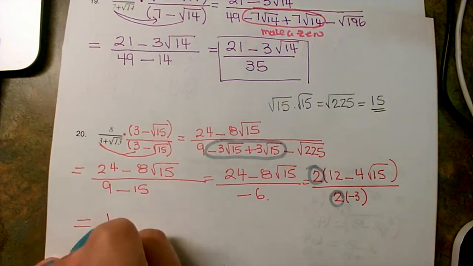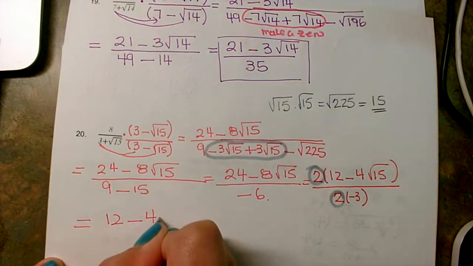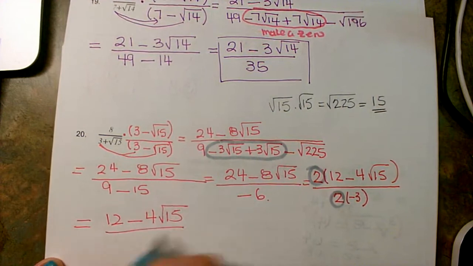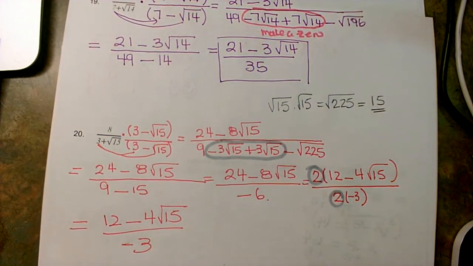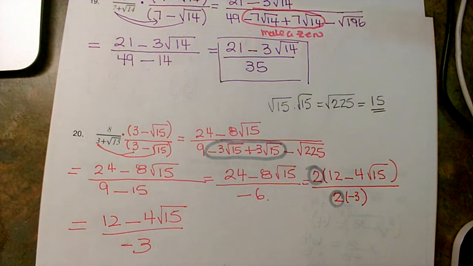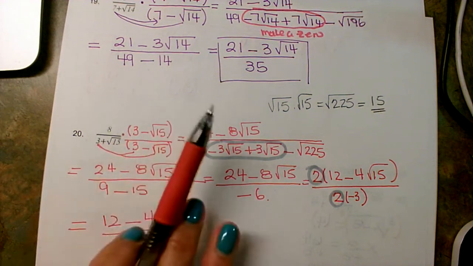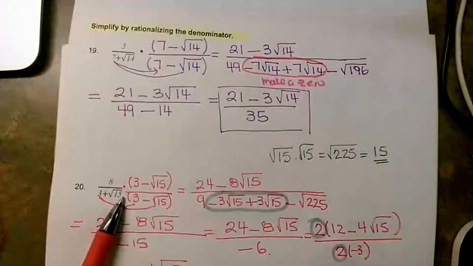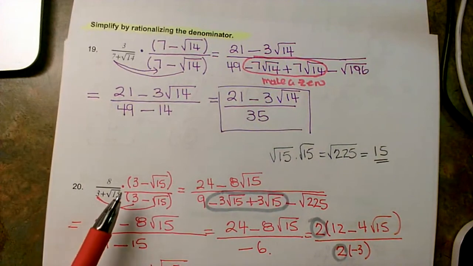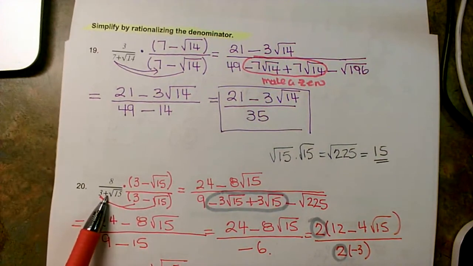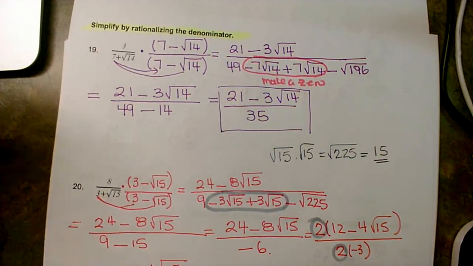So the answer is 12 minus 4 times the square root of 15 divided by negative 3. So we're rationalizing the denominator, so we multiply by the conjugate. Conjugate is the same terms but opposite sign in the middle.